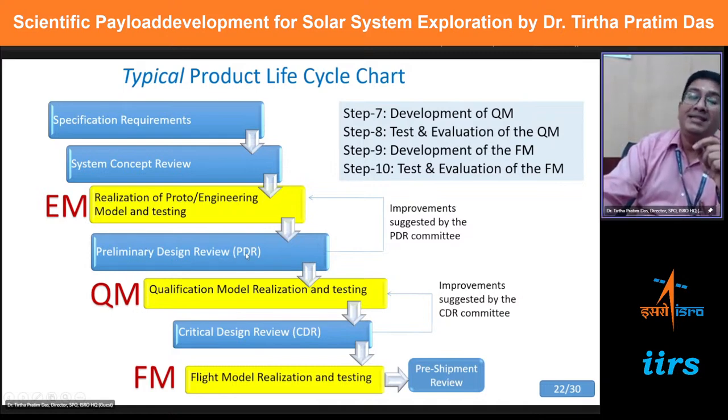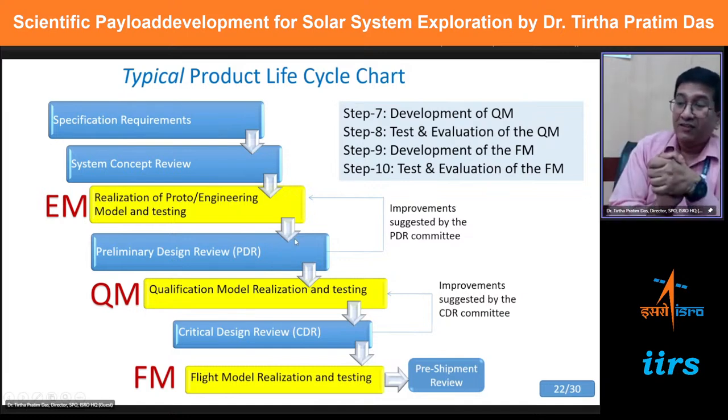A preliminary design review committee. The preliminary design review committee will review the test results, and they may suggest some improvements. And if the suggestions come, you have to go back here and do the improvements and come back to the PDR. And then with all the satisfaction of the preliminary design review committee, you go to the qualification model development.